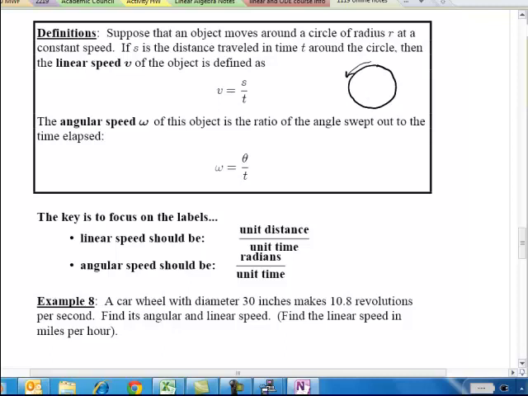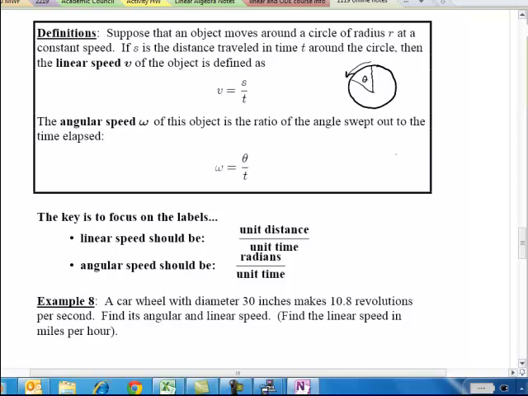So like, how many inches per second is this object moving? That would be what's called the linear speed. But if you're focused on the angle instead, and how quickly that angle is changing, maybe like this many degrees per second or this many radians per second, then that's what's called the angular speed.